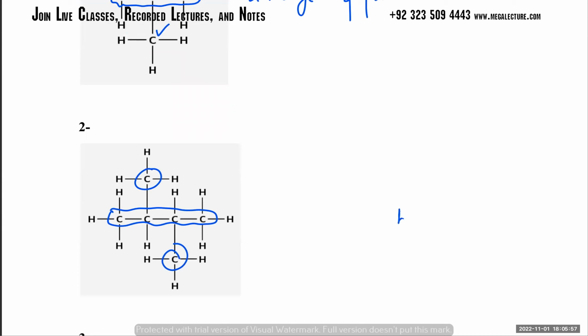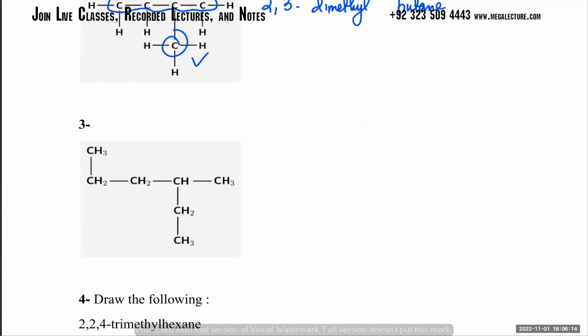So this one is a butane molecule, and there are 2 methyls, so that's dimethyl. One is at position number 2, the other one is at position number 3.